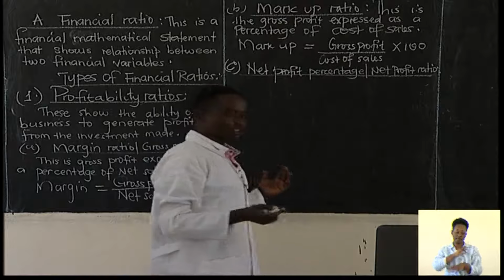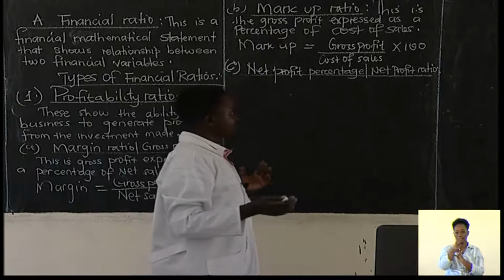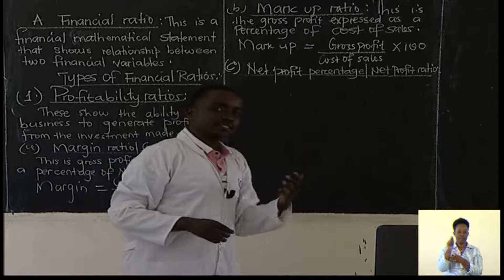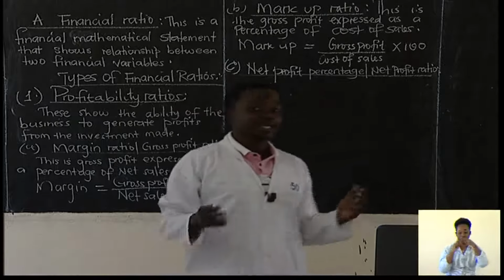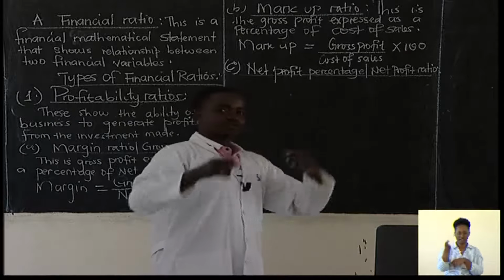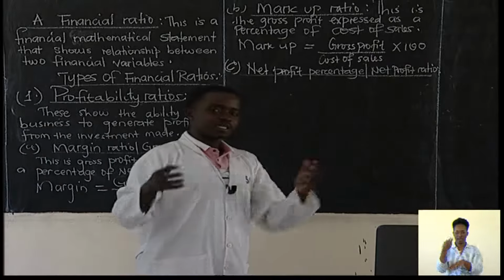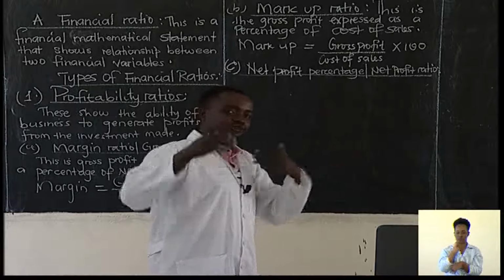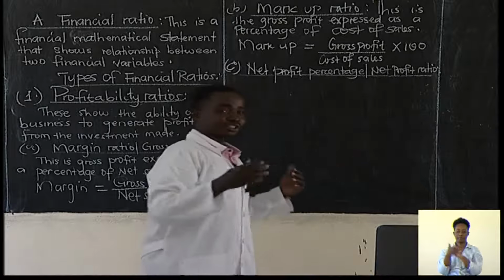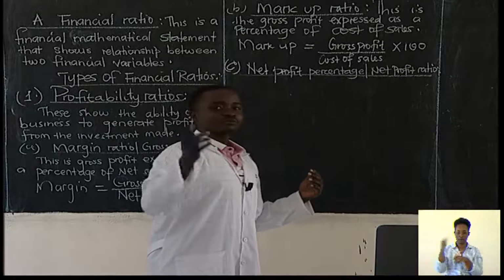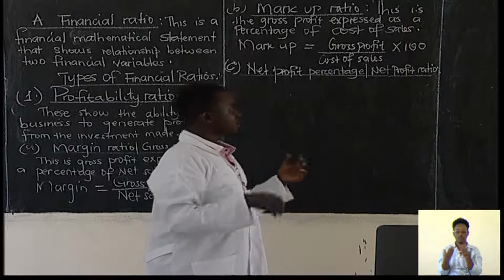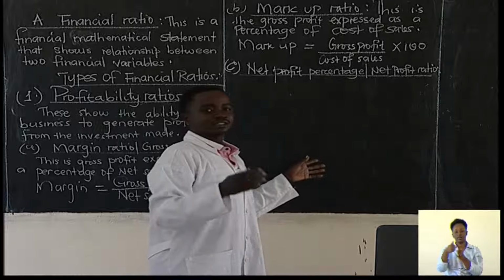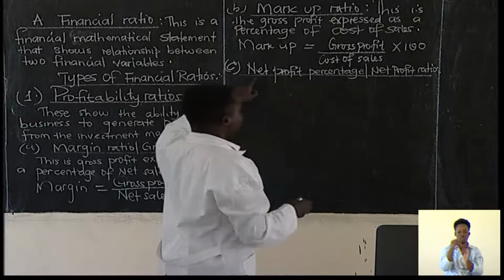But when it is a profit and loss account, we said that gross profit can be adjusted by adding other incomes if they are there. If a business has other sources where it generates other incomes, they are added to gross profit, and it becomes gross income. You take away operating expenses like provision for bad debts or doubtful debts, depreciation values, salaries and wages, etc. Then you'll be able to get net profit.